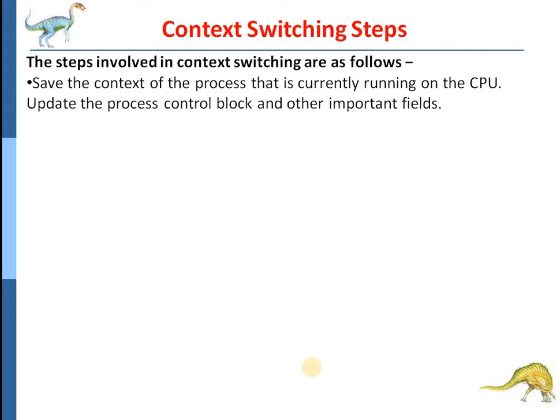First, they save the context of the process that is currently running on the CPU. When a process is assigned to the CPU for execution, its current activity is saved into its PCB, and the PCB is continuously updated for the other important fields.